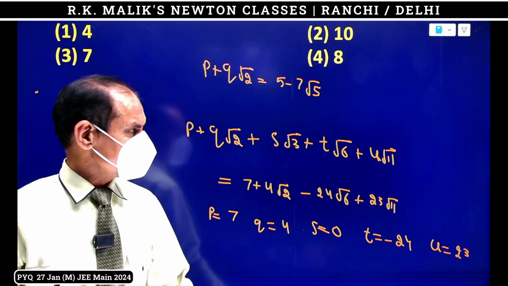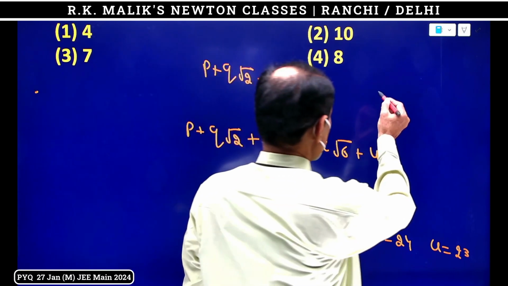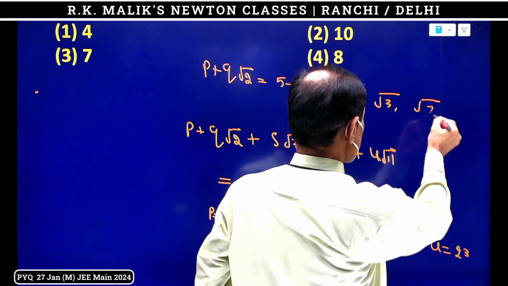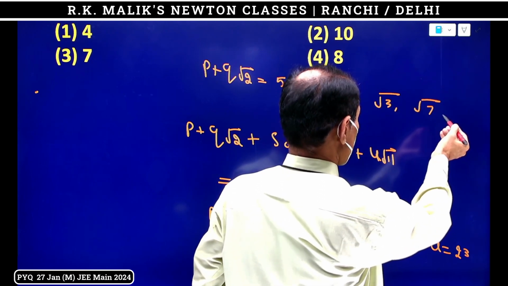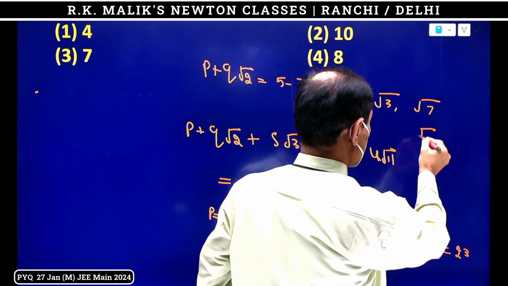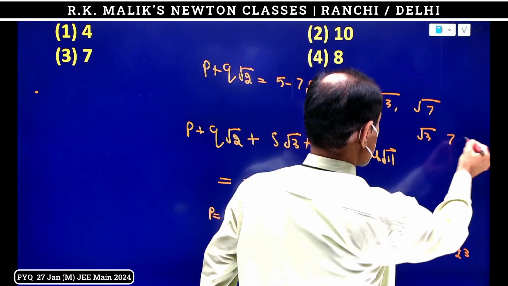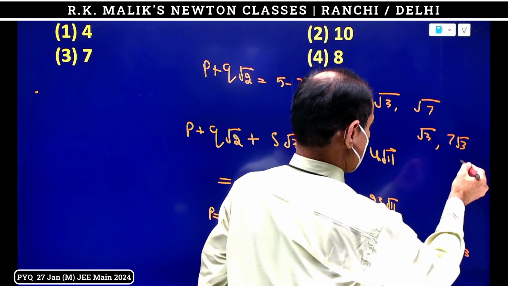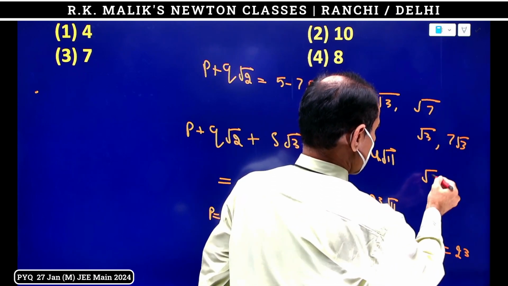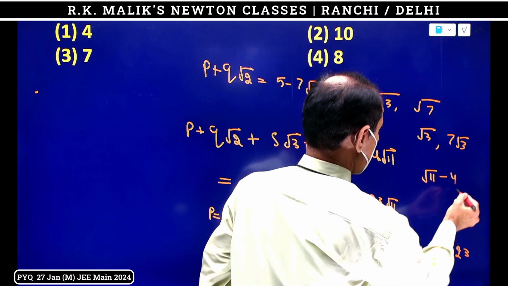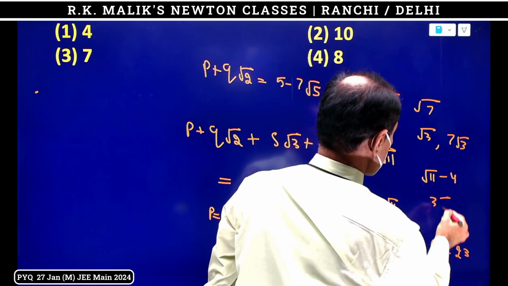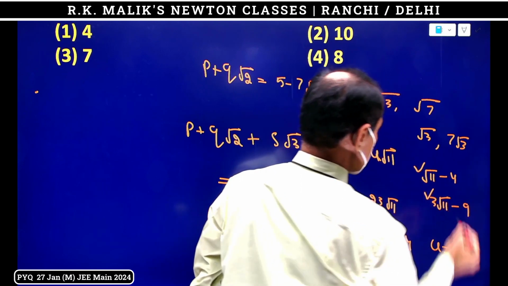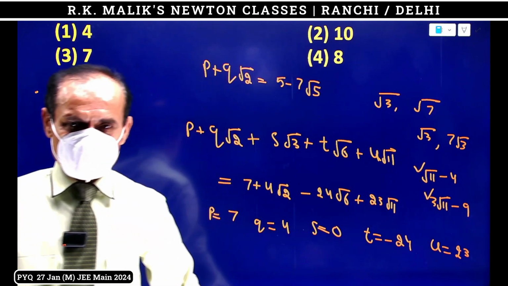The difference is, for example, root 3 and root 7 are different types of irrational numbers, but root 3 and 7 root 3 are same type of irrational numbers. Or root 11 minus 4 and 3 root 11 minus 9, these two are also same type of irrational numbers.